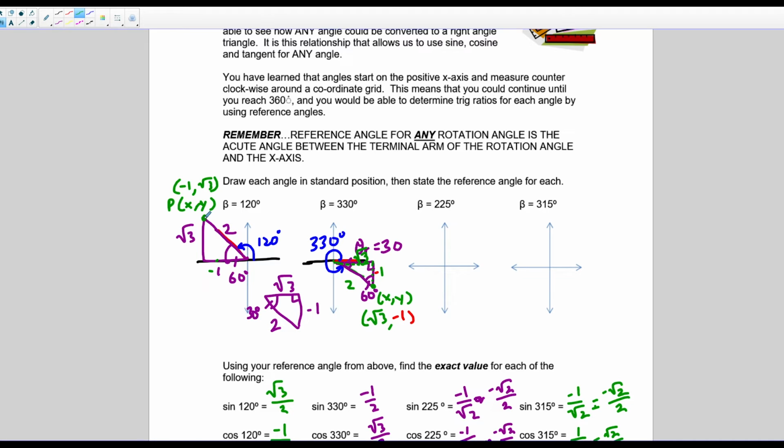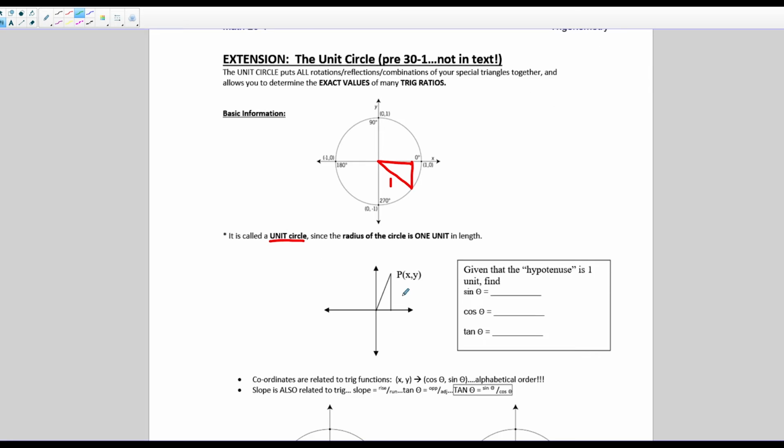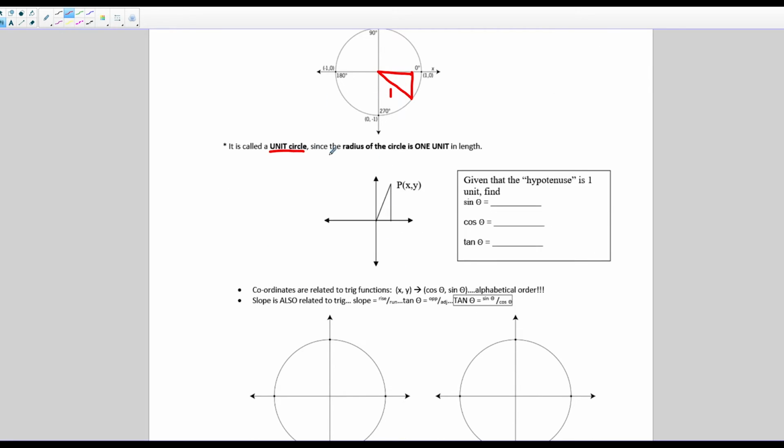So you can see here that we had this point on the vertex of our triangle. We're going to do the exact same thing here, except we know now that the radius is 1, which means that our hypotenuse will also be 1. So this line right there gives us a hypotenuse of 1.